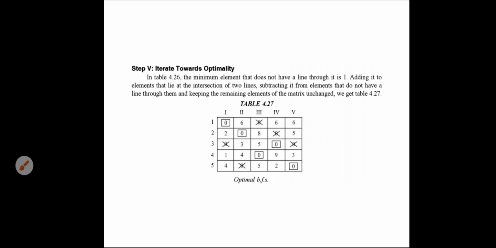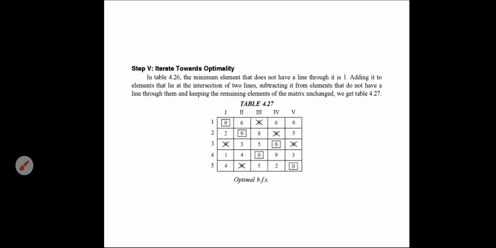X11, X22, X34, X43, X55: these are the elements which come under this optimal solution. The number of assignments is 5, which is also the order. So the associated minimum cost, taking from the first table, is 11 plus 7 plus 12 plus 17 plus 13, which equals 60.